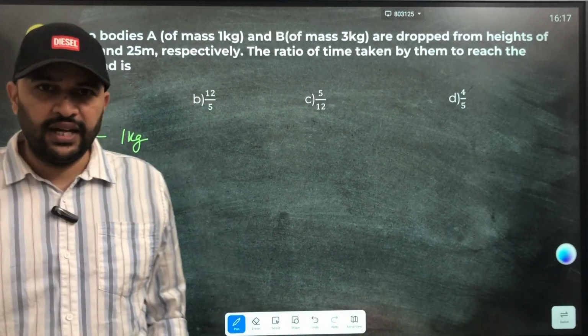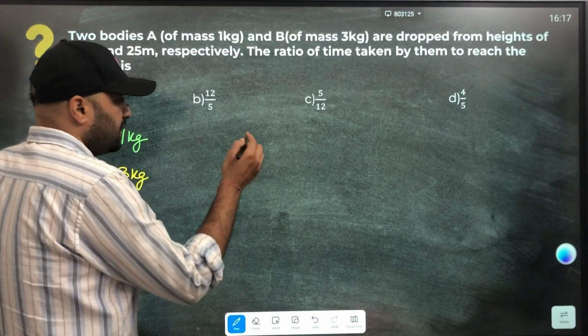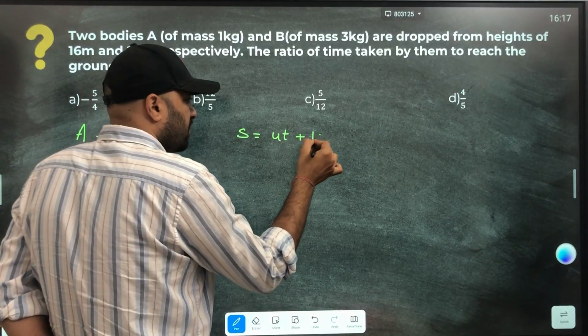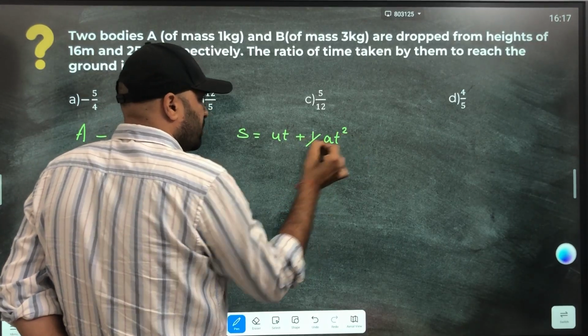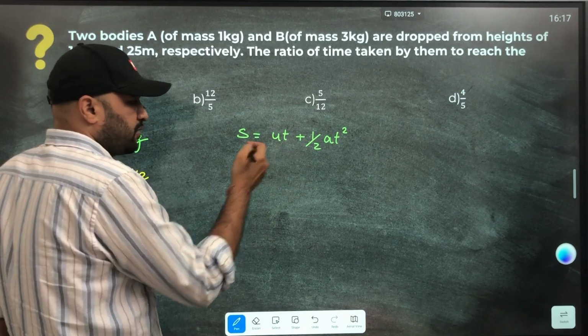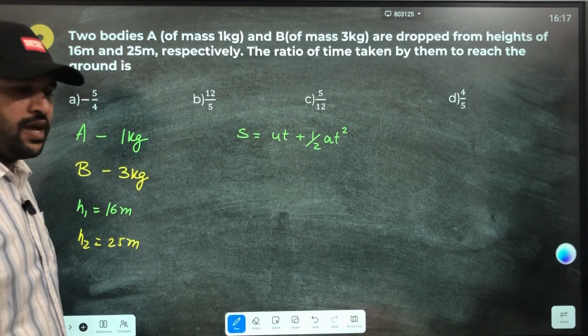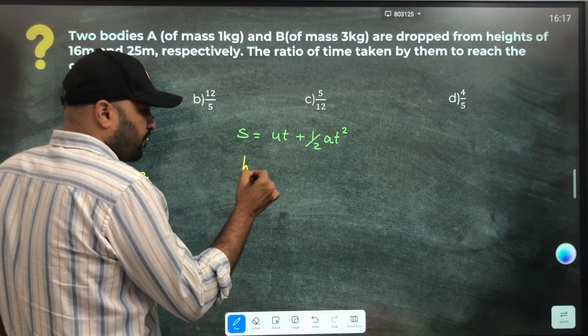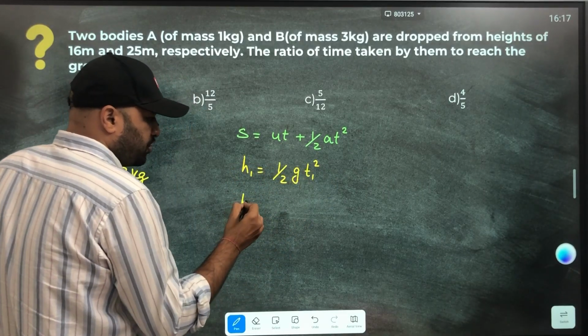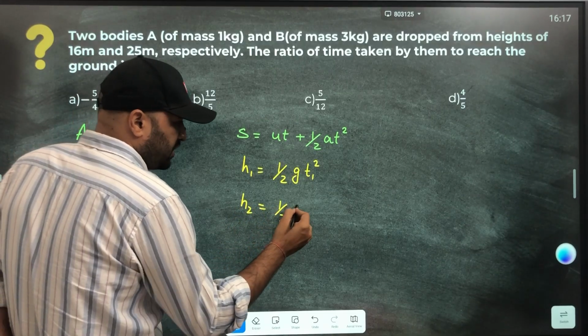Why? Because height is different, right? Let's look at the equation. s equals ut plus half at square. Initial velocity: you are dropping them. If you are dropping anything, u is 0, initial velocity is 0. So s will be equal to half at square. For the first case, h1 will be equal to half g t1 square, and h2 is equal to half g t2 square.